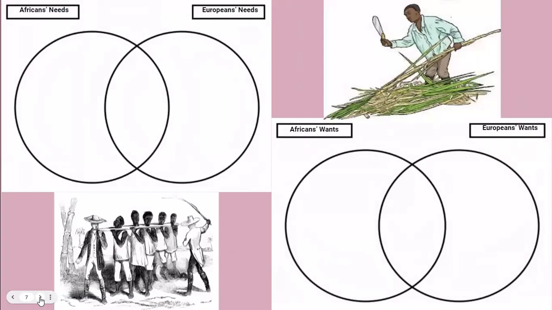After that, you're going to draw a Venn diagram and compare the needs and the wants of our European and African ancestors. Now remember, where our Venn diagram intersects, those are the common needs or wants shared between both Africans and Europeans.